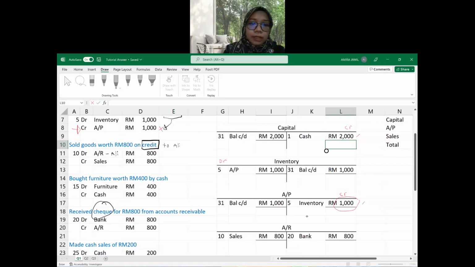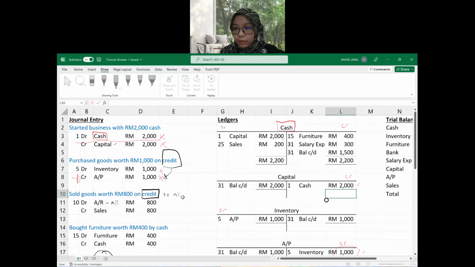Done. So far, are you okay with how to transfer from the journal to the account? Yes. Easy, right? Or is everything clear and I don't need to explain this part, on how to transfer from journal to ledger?